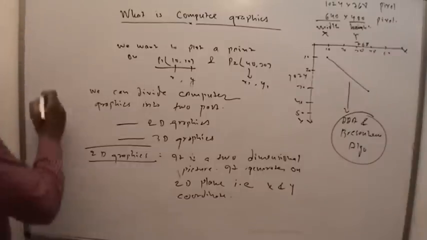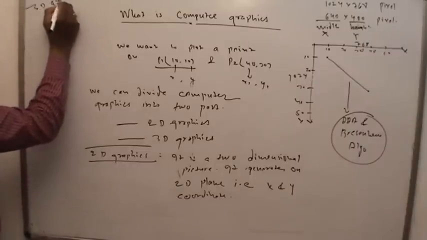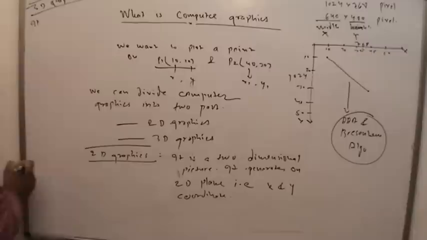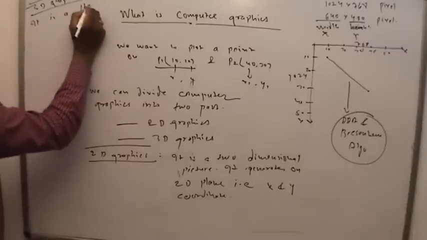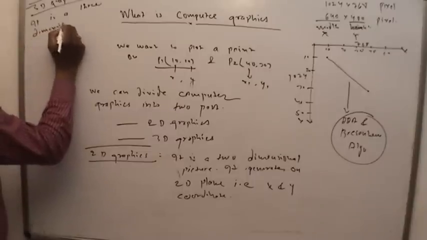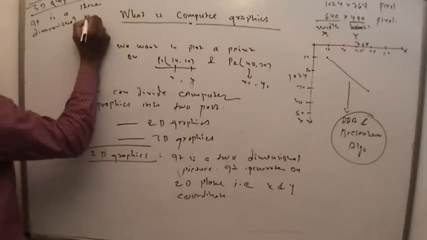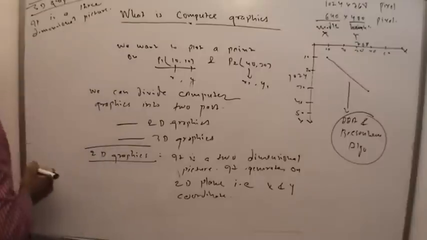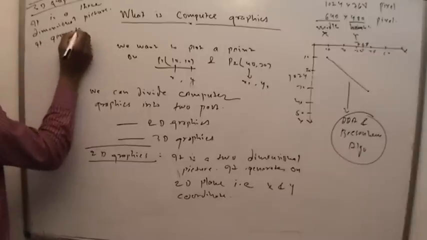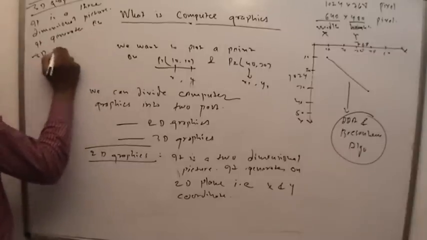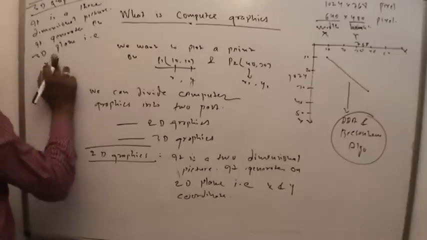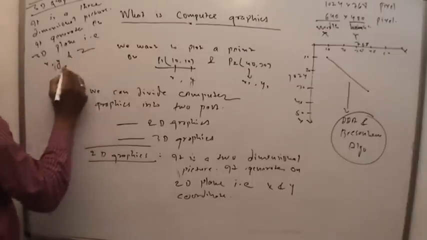While 3D graphics is a three-dimensional picture, it is generated on a 3D plane, that is the X, Y and Z coordinate.